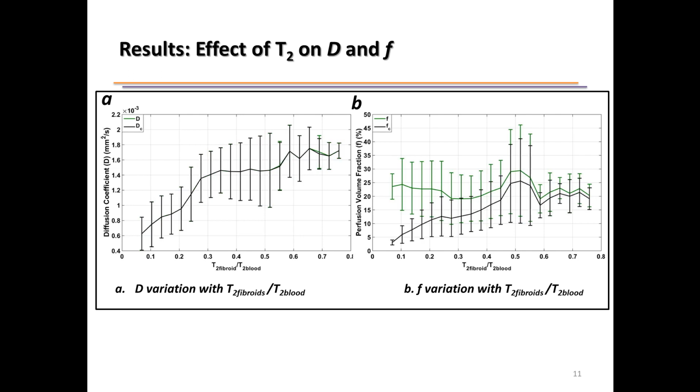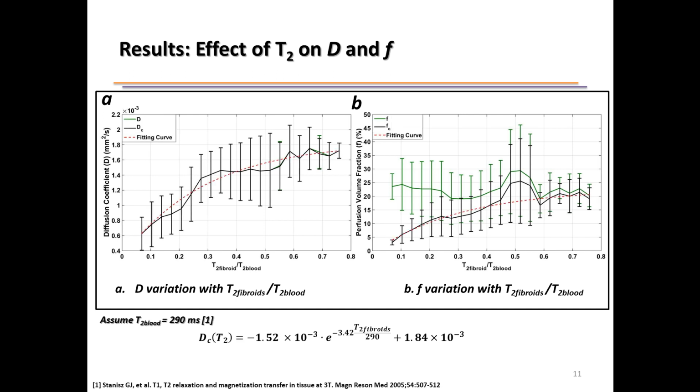We found that D, DC, and FC all exponentially increase with the T2 of fibroids. If we assume T2 of blood is 290 milliseconds at 1.5 T, DC could be well fitted with an exponential function, and it asymptotically approaches 1.79 times 10 to the negative third square millimeters per second as the T2 of the tissue of interest approaches the T2 value of blood.